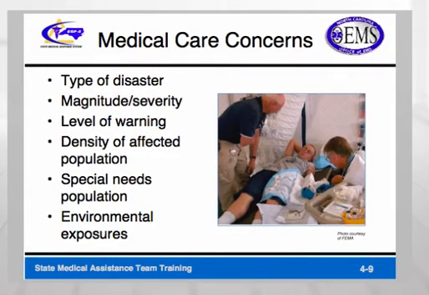The type of disaster, magnitude, severity of the disaster, level of forewarning provided to populations prior to the disaster, and the density of the affected population are major determining factors of the population impact.